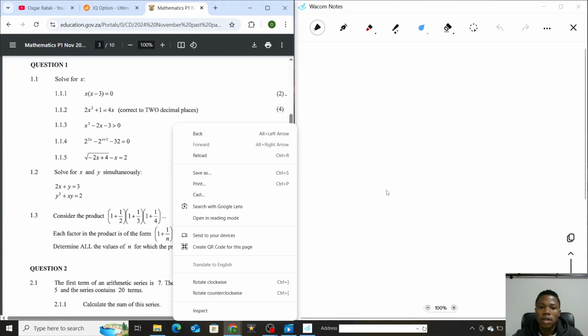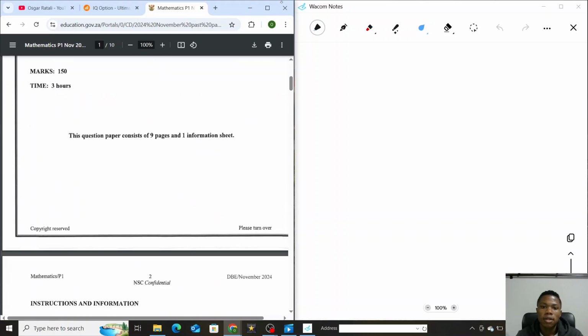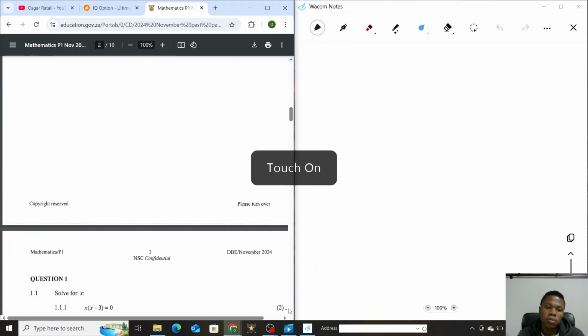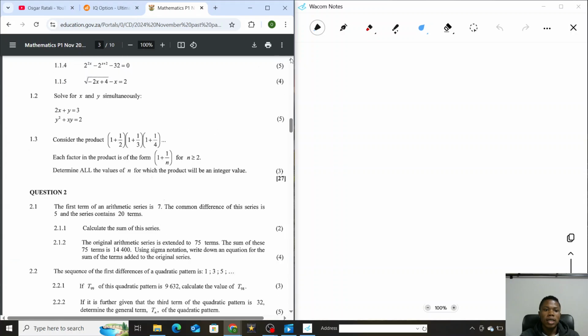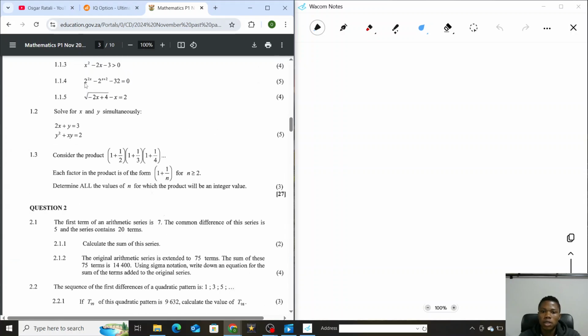Let me go to 1.2. Here is 1.2. They give you 2x plus y is equal to 3 and y squared plus xy is equal to 2.